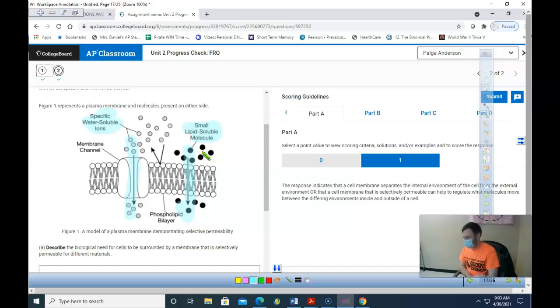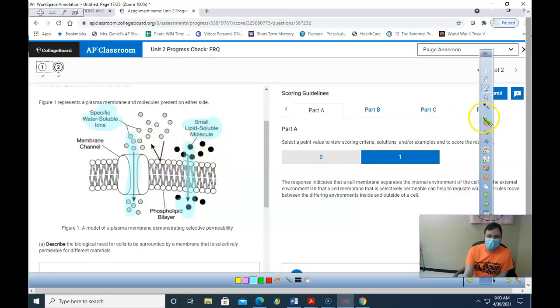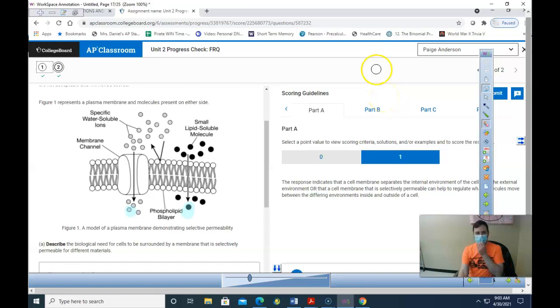Based on the model, explain whether molecules shown across the membrane require energy. So, the big thing with active versus passive transport is that in active transport, you go from less to more. So like here we have 4, here we have more than 4. If you go from 4 to more than 4, it's active because you're going against the flow.